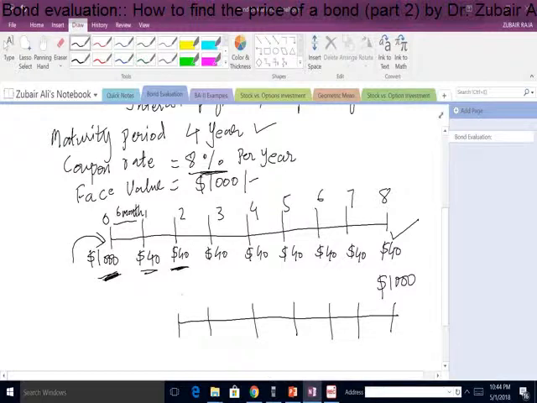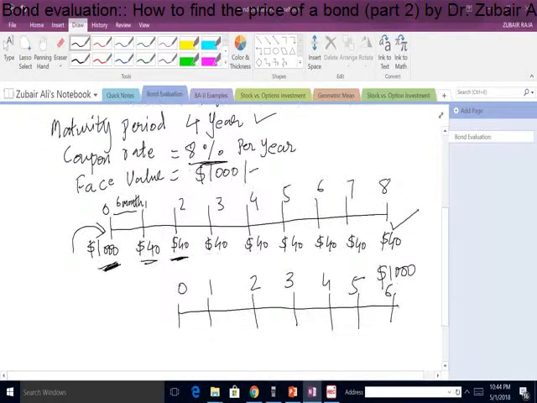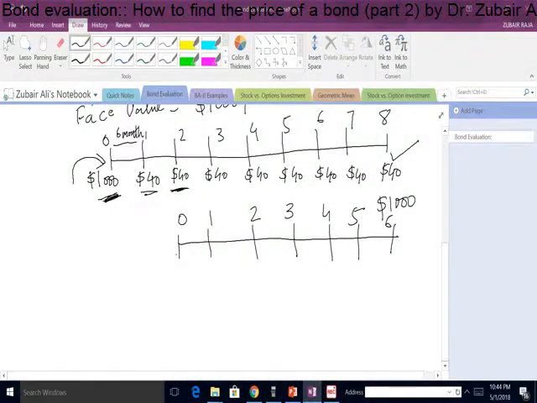So this is 0 period, 1 period, 2 period, 3 period, 4 period, 5 period, and 6 period. Now, for example, over here, this first investor wants to sell to a buyer, and the buyer tries to find, okay, what is the price at this point in time?